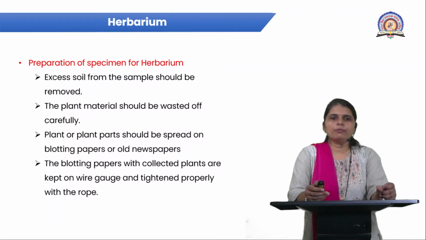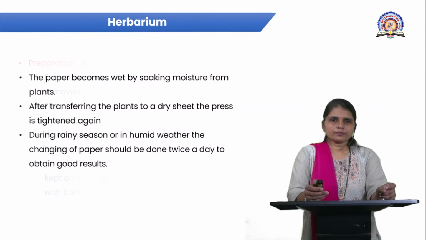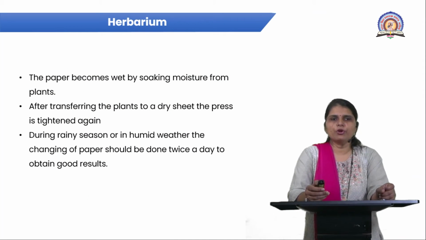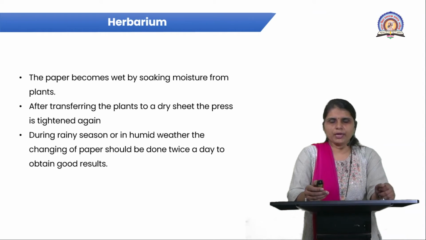Okay. Then the blotting paper with the collected plant is kept on a wire gauge and tied properly. Then the paper becomes wet by soaking moisture from the plants. To remove excess water, the wet paper is changed.